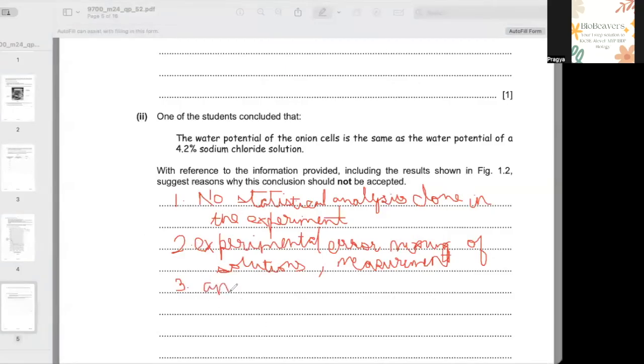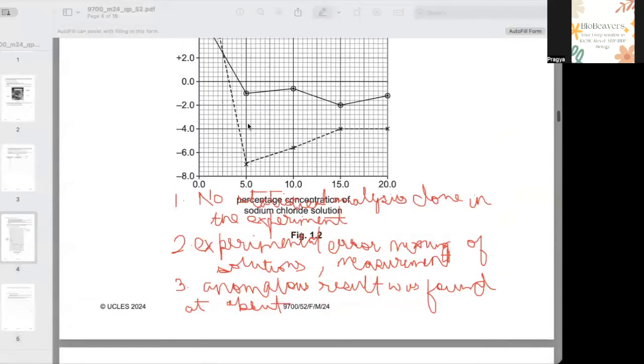So let's refer: anomalous result was found at about, if you go back to the graph, have a look at it, at about concentrations between 5 to 15.